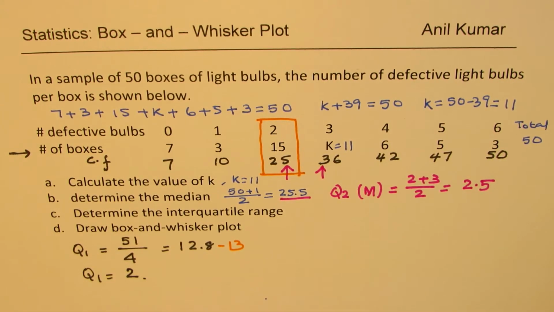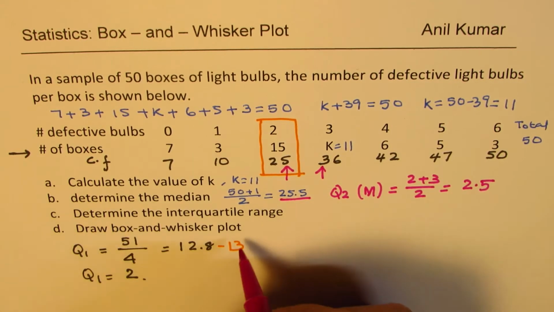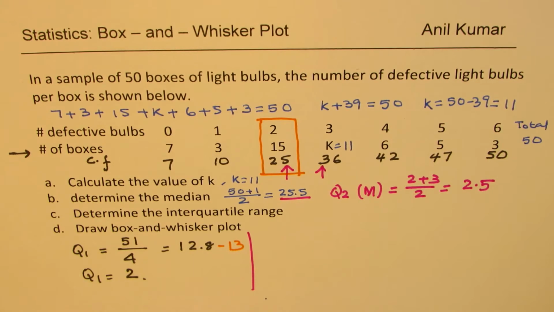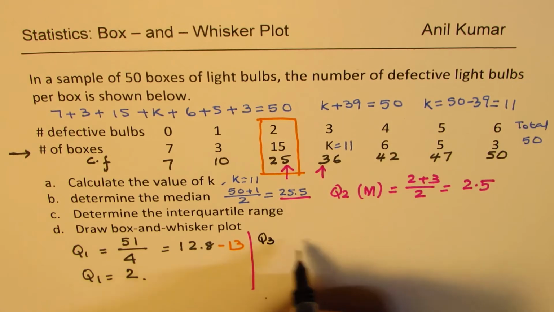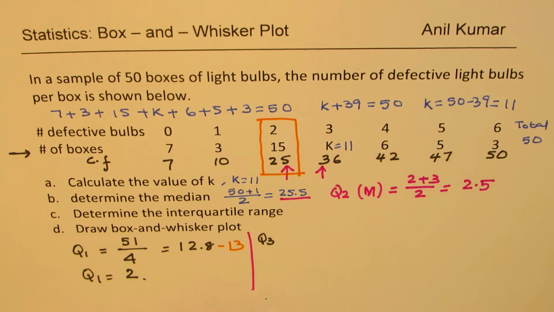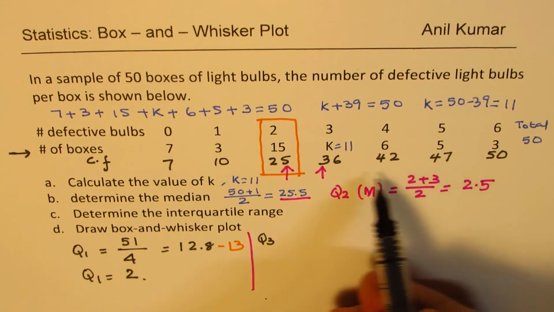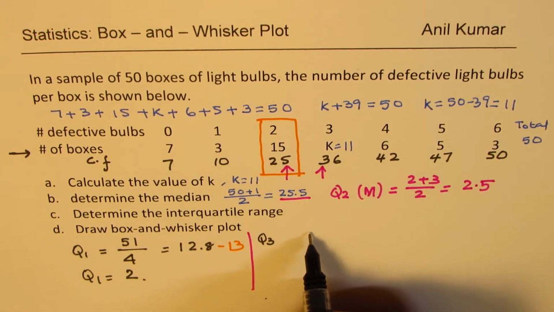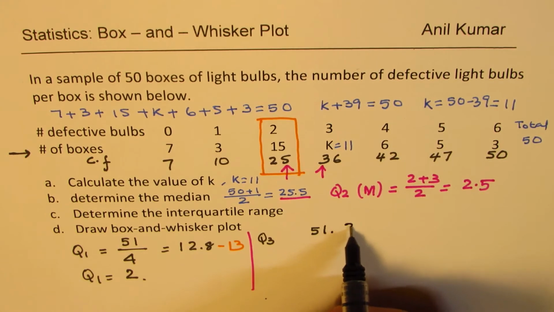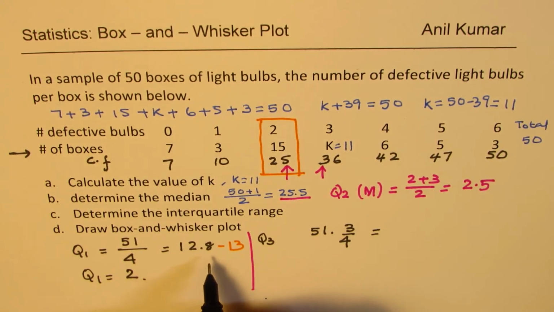Okay. Now let's find what Q3 is for us. So as far as Q3 is concerned, the number lies between 12 and 13 from the right side, right? So you could do this as 51 times 3 over 4, right? So that is the number we are looking for. So we'll just multiply this by 3, right?